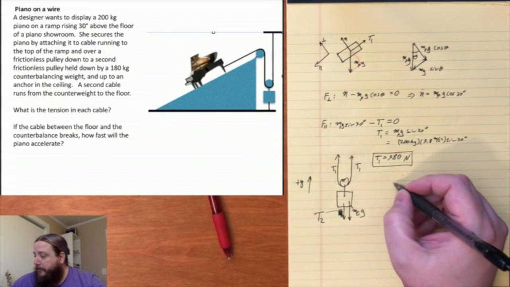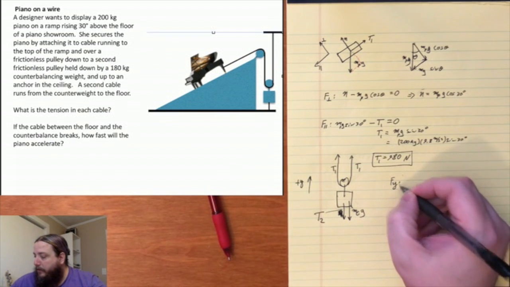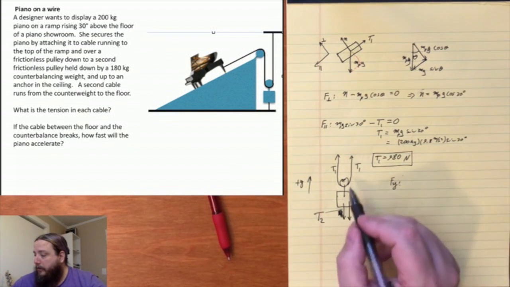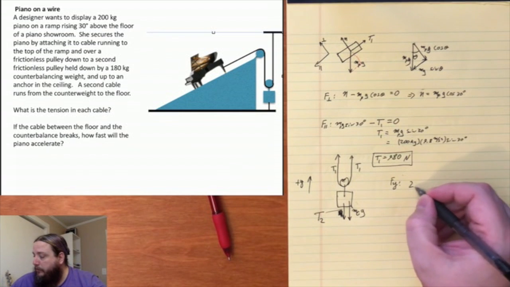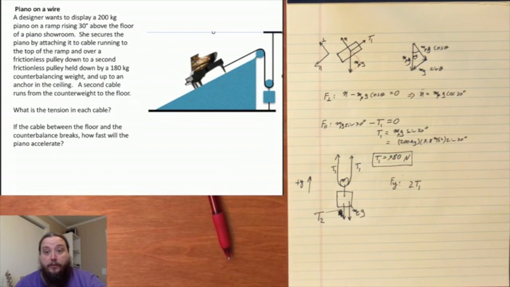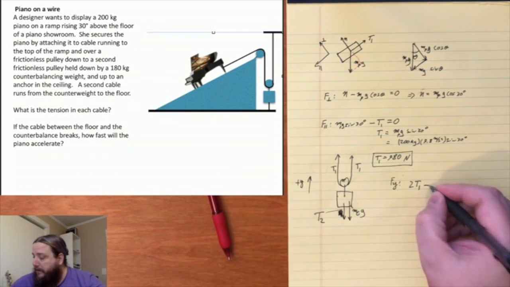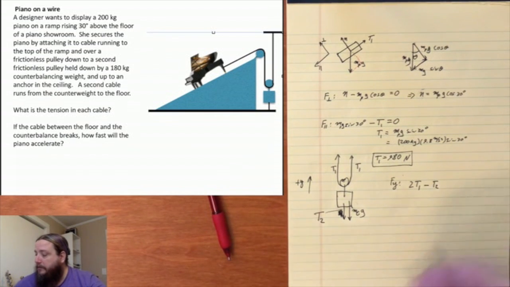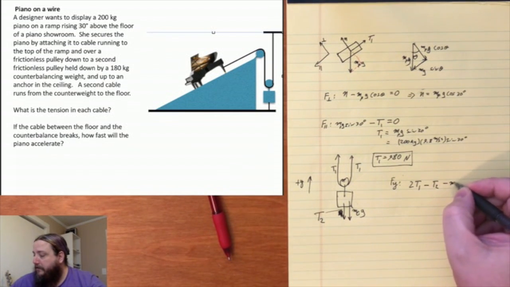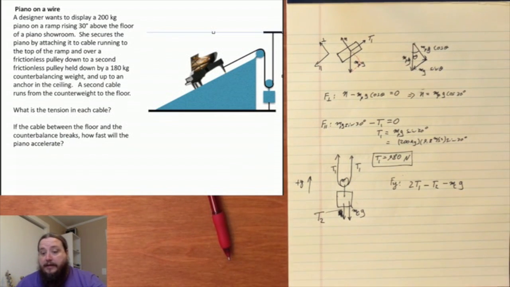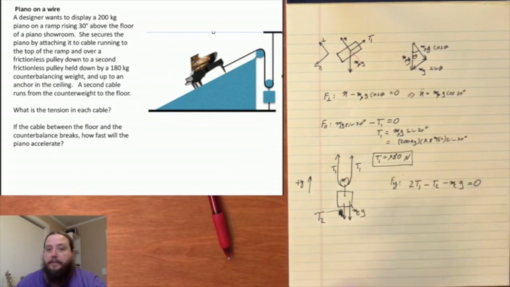The sum of forces in the y direction: we're going to have 2 upward directed T1s minus a T2 minus the mass of our counterweight times gravity. And again, if our system is remaining in equilibrium, then that also will equal 0.